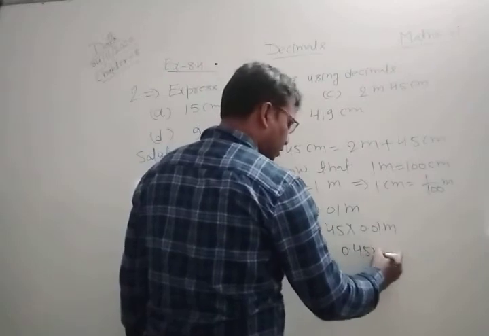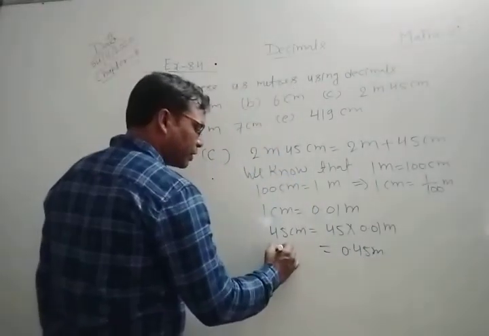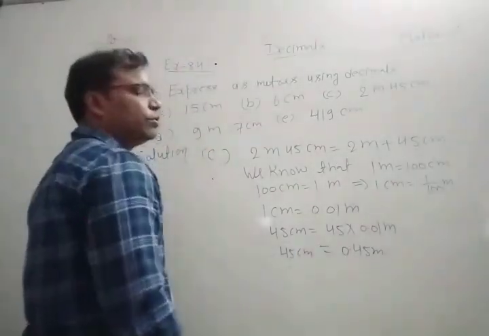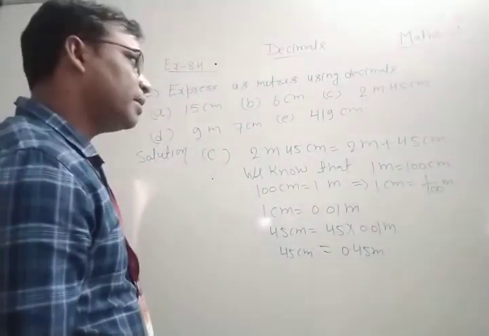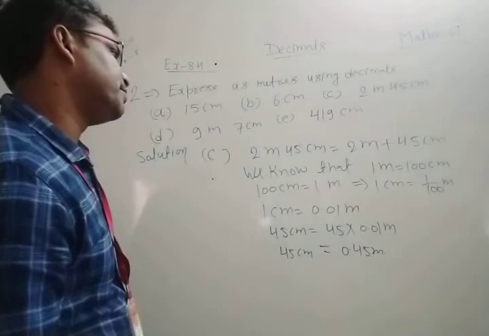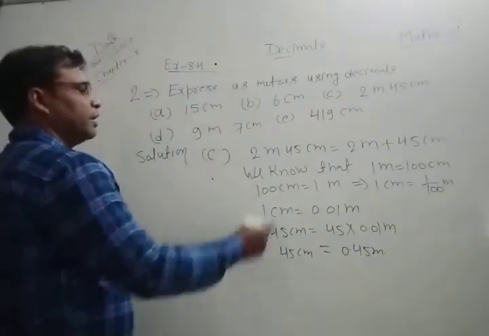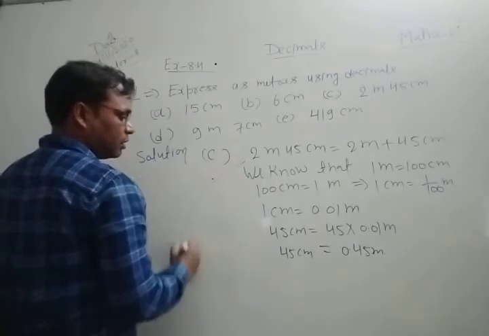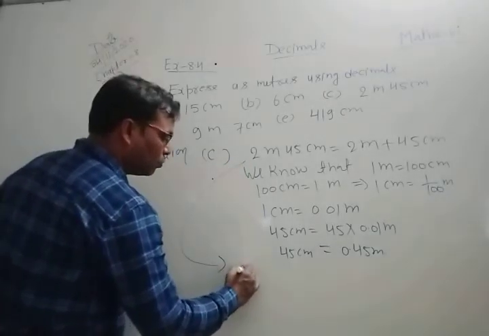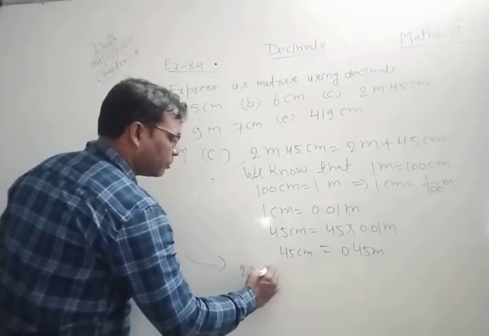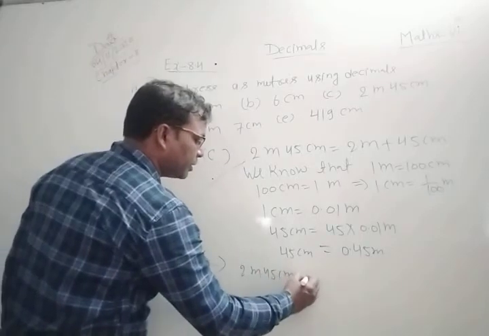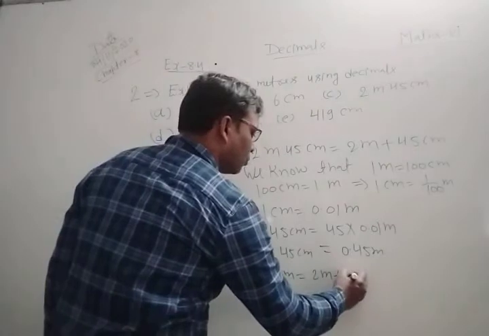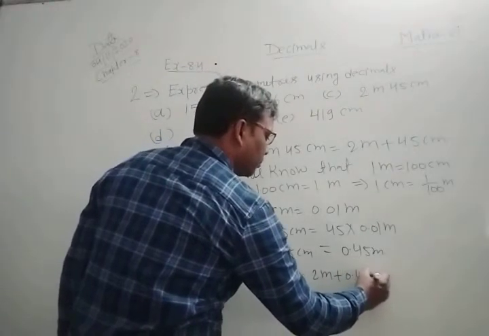So if you multiply 45 by 0.01 meter, then you obtain 0.45 meters. So in this way you can see we convert 45 centimeter. This is equal to 0.45 meter. So here we can write 2 meter 45 centimeter is equal to 2 meter plus 0.45 meter.